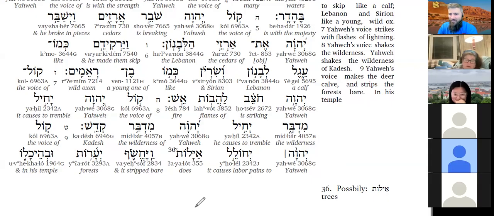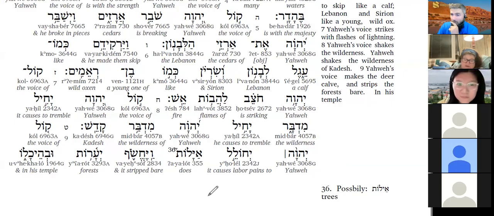It doesn't mention a calf anywhere, does it? It mentions the doe. The causes translation, well, that's just the verb to cause the doe to calve, to give labor pains.